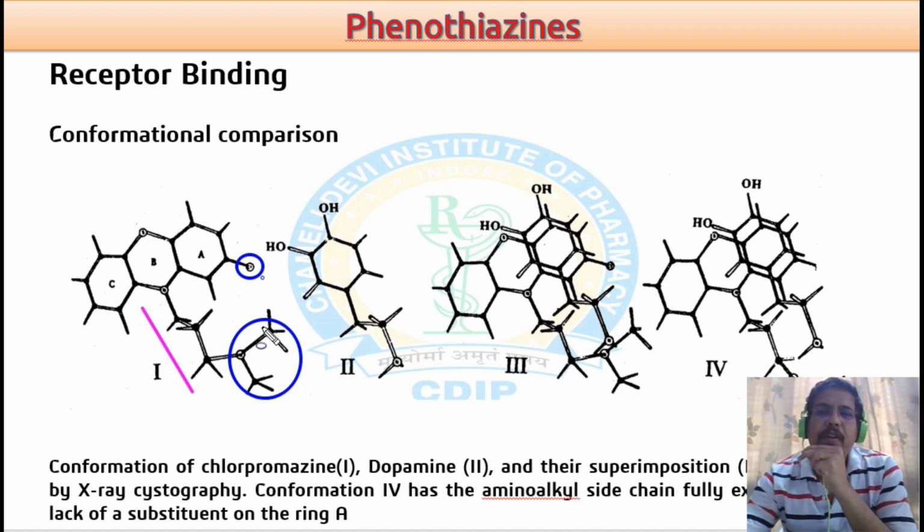And if you look at dopamine, in which the amino group is there, and this amino group is linked with the hydrophobic area by means of a linker, that is a 2 carbon linker, and the hydrophobic ring or hydrophobic area in the form of a phenyl ring, which bears 2 hydroxy groups.